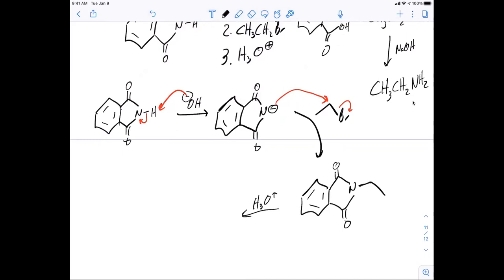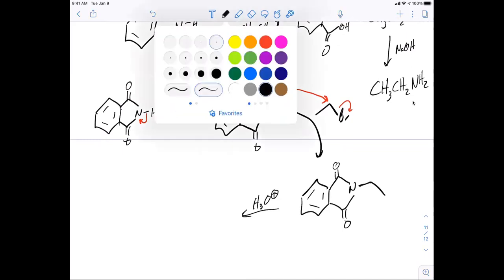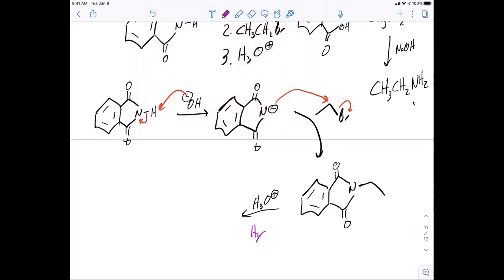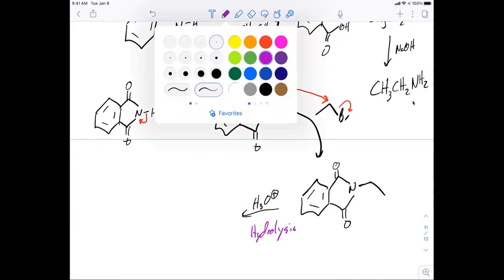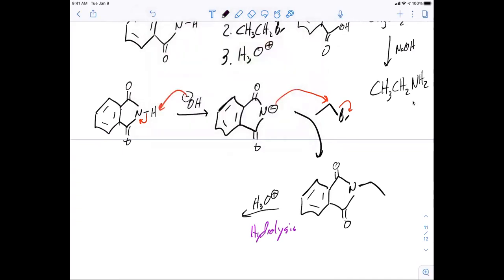Then when we add the acid, we're going to get hydrolysis. This is an amide, but the hydrolysis is like an amide, and then the second part is an amide, right? So what we end up with is our diacid, plus the protonated amine.